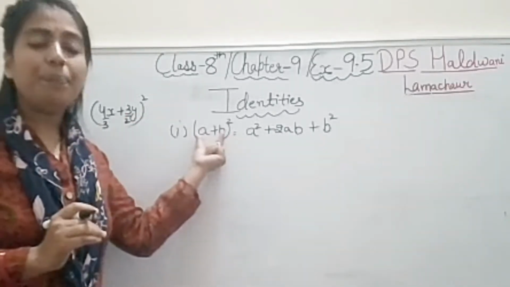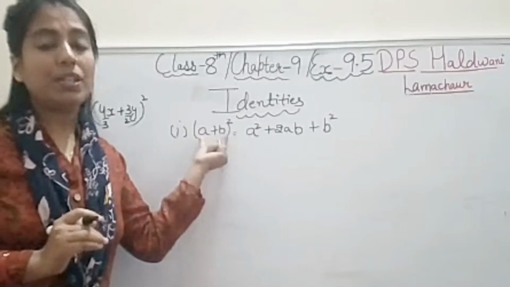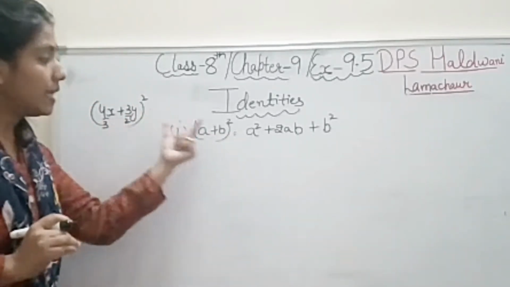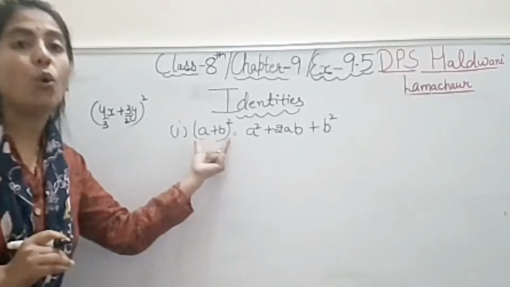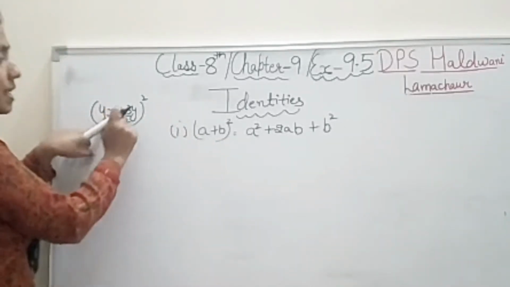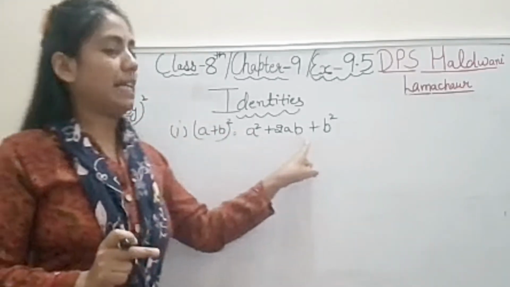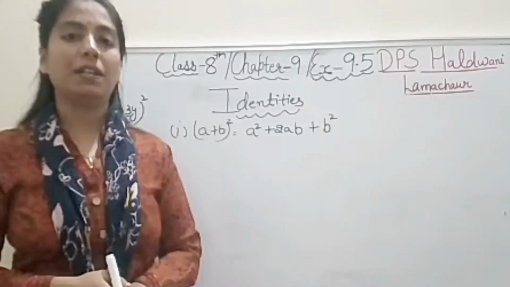This a, b is a variable, so in the place of the variable, whatever term can come. So the formula would be a square plus b square plus 2ab.